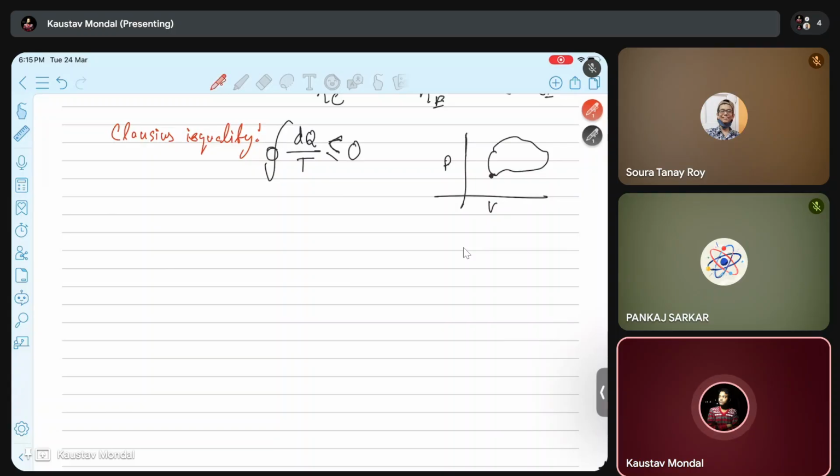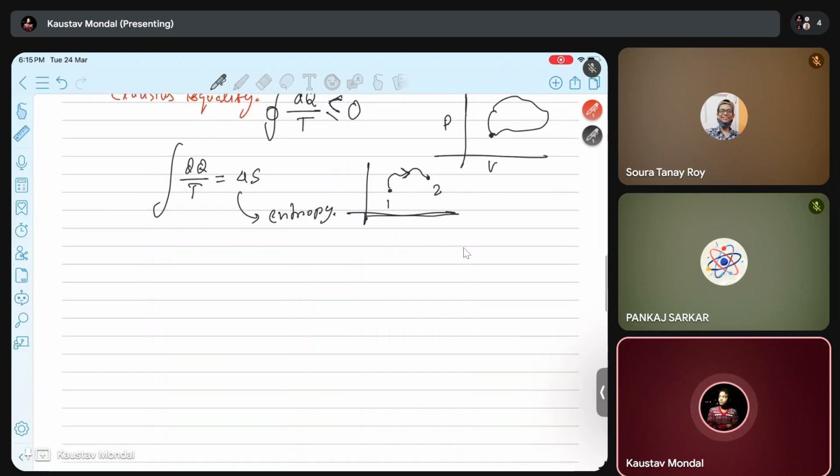And also we have defined this dq by T as entropy, as delta S. Integrating delta S from, let's suppose, state 1 to state 2 along some path, this is denoted by delta S. This is the entropy.